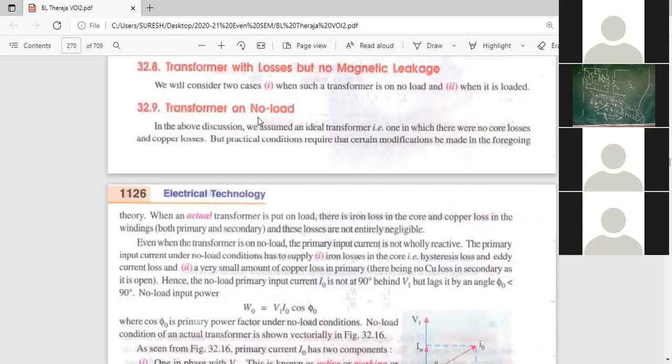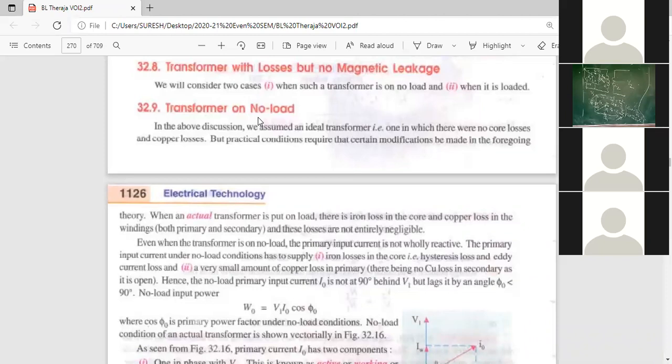Write a note. If phi naught is 0, then this I naught will coincide with V1. I naught will coincide with the V1 line, okay?